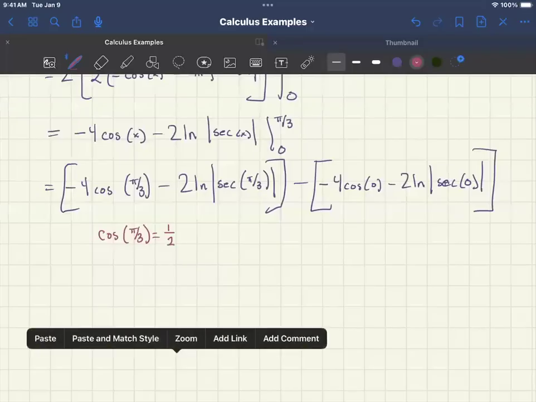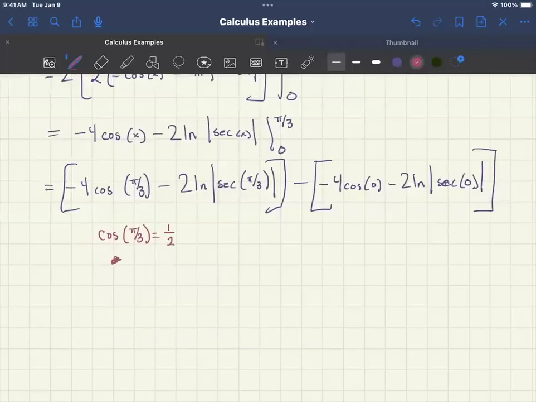You should definitely know that cosine of 0 is equal to 1, right? And if you don't want to memorize it, memorize the shape of the graph, right? There's cosine. We start at +1, so cosine of 0 is +1.